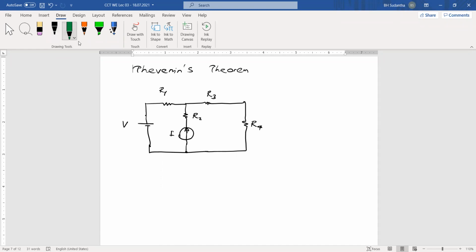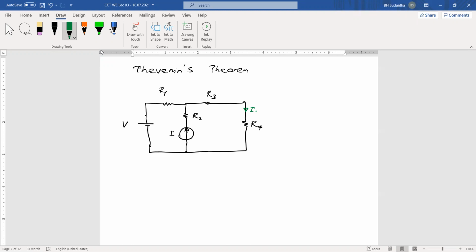Assume that we want to find the current going through this R4 resistor. Okay, that is the question we have. Then we have one voltage source, one current source, and 4 resistors there. But we want to find the current going through this R4 resistor.